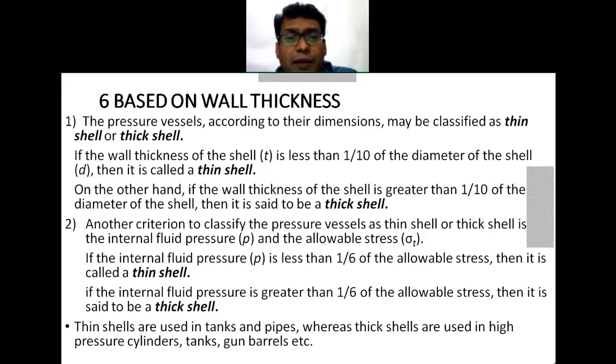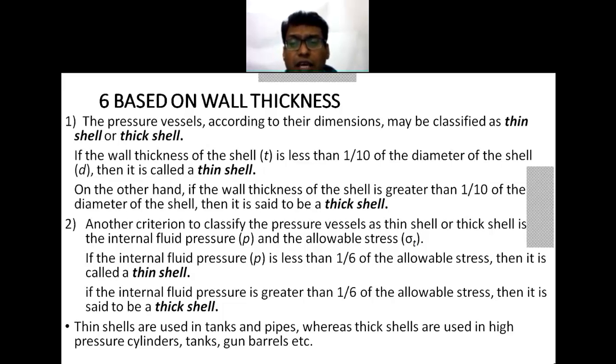For example, if the vessel diameter is 1 meter and the wall thickness is less than 1/10th of it, then it is a thin shell vessel. If the wall thickness is greater than 1/10th of the diameter, then it is said to be a thick shell vessel.